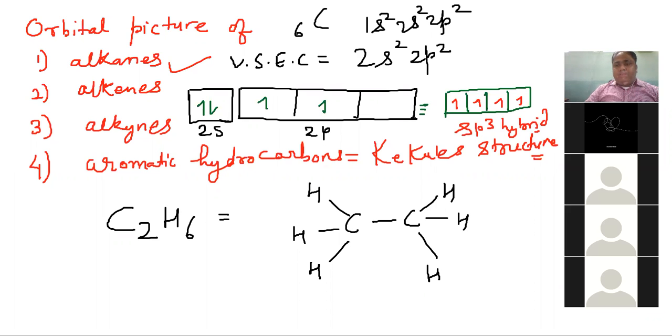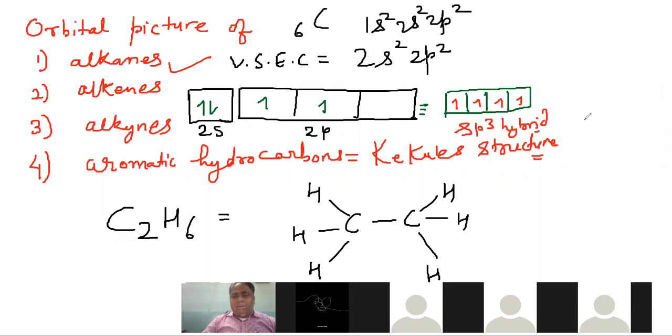Due to the formation of sp3 hybrid orbitals, its structure can be written as one carbon, and another carbon I can take with some other color, forming this sigma bond.